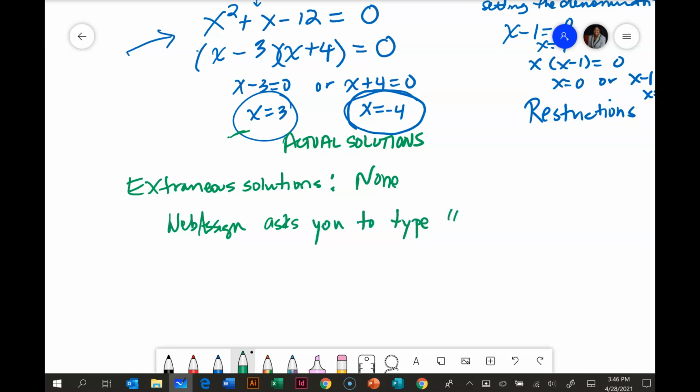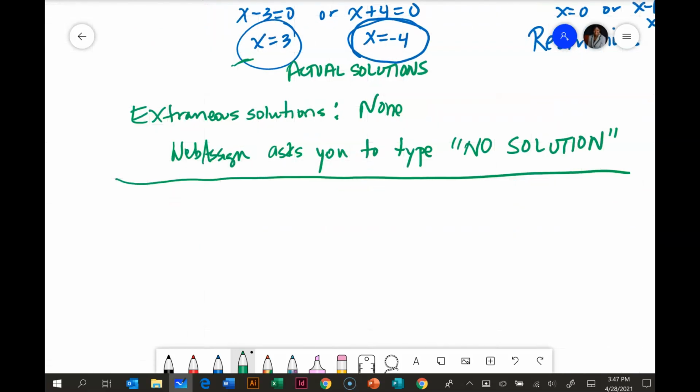They want you to type no solution. I don't get that. I complained about it. I am a mathematician. I kind of know what I'm talking about. It's very confusing, and you all are confused by that no solution. I'd rather them have put none as what you should type. There are no extraneous solutions, but they want you to put in there no solution, which doesn't make sense to me. But I'm just a mathematician.